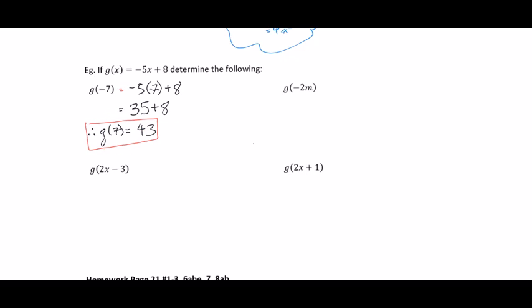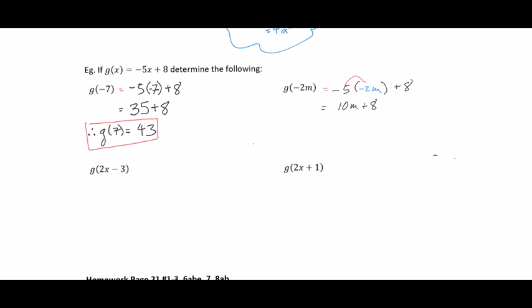Now, for g of -2m, let's follow the same rules that we were doing before. When we have a difficult thing, we basically put our brackets in, plus 8, and I'll put -2m. Now, -5 times -2m is going to be basically 10m plus 8.